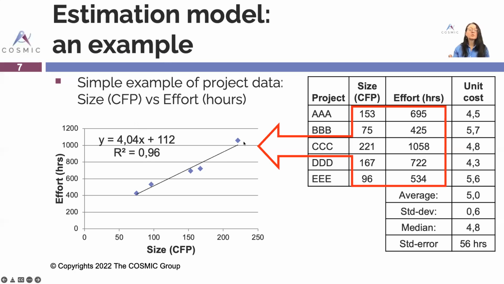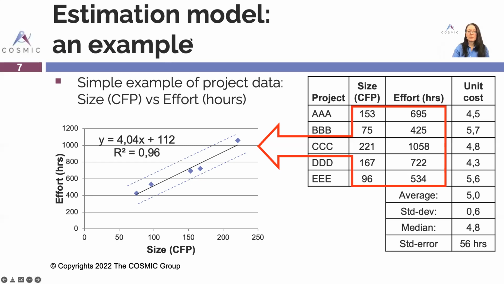I've been a practitioner of COSMIC for several decades in the industry. And within an organization, even though different teams are applying the same software process, we obtain that type of results, meaning a very high correlation.